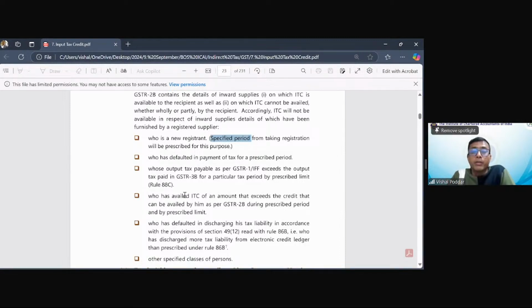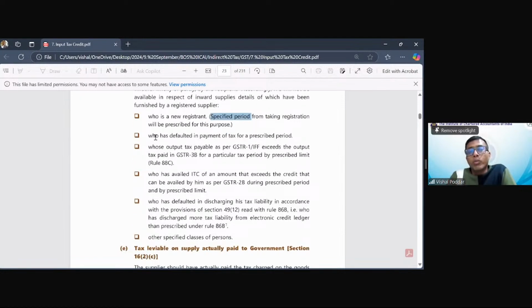Now, what this specified period will be is not yet notified. So as I said, this 38 has not yet been notified. All these details are not yet notified. So first, where the supplier is a newly registered supplier and the period till which you will not get credit, they said they will specify. It is yet to be specified.